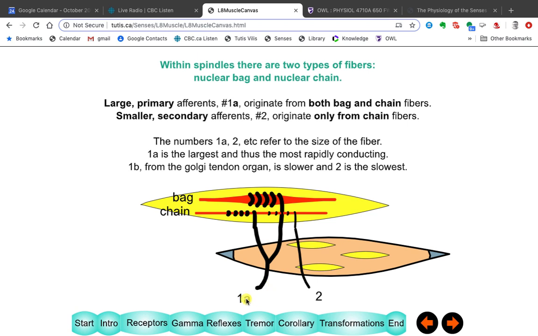These numbers are in proportion to how large the fiber is. So 1A is the thickest, 2 is thinner. There's a 1B that's coming from the tendon organ. So that's between this one and this one in thickness.